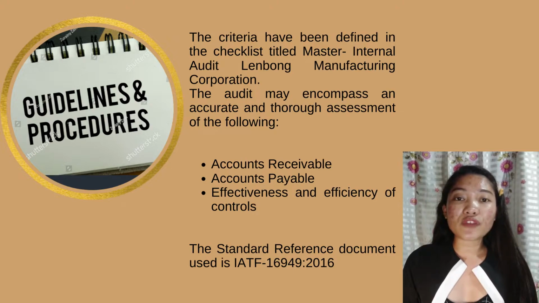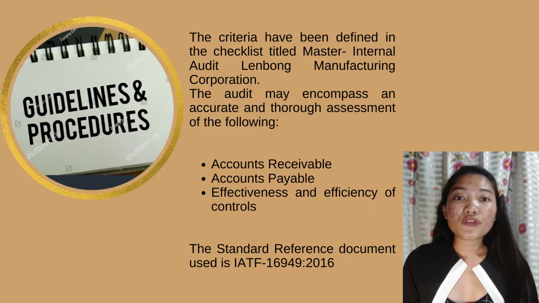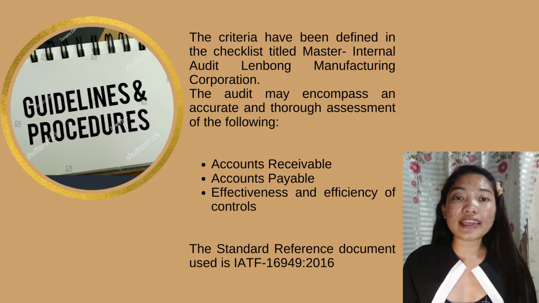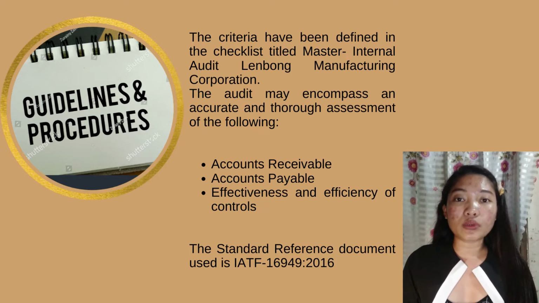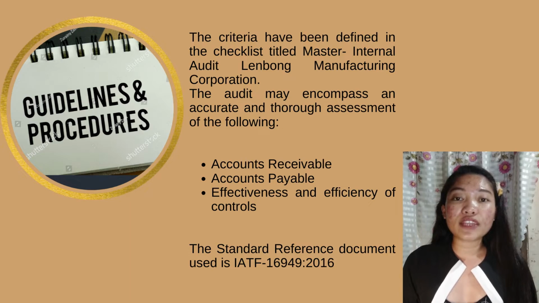The standard reference document to be used is IATF 16949-2016. For those who are not familiar with the IATF 16949-2016 standard, it is a standard to be followed by manufacturing organizations to determine if the requirements are done effectively and efficiently by management.